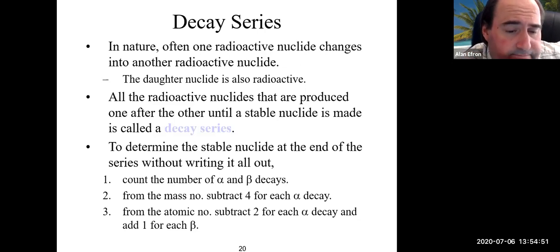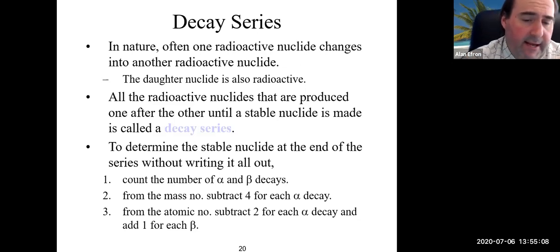And I'll get to your question in just a sec, okay? So in a decay series, we have these series of steps that we follow, and we continue until we hit something that is stable.